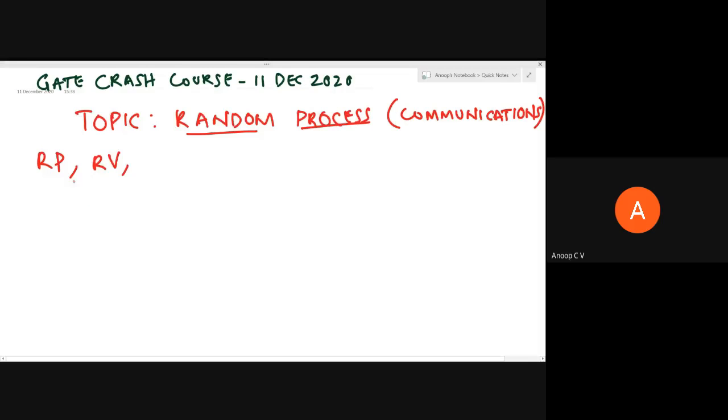You should be able to differentiate between these, and there is something called sample function and sample value. I'll be using these terms throughout the discussion.